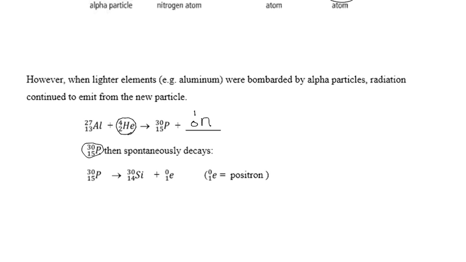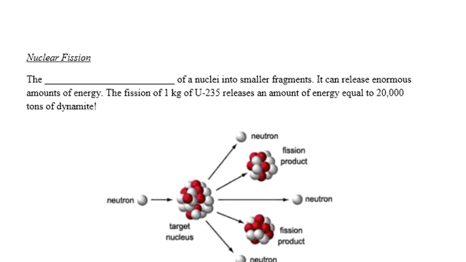This would be natural transmutation because the radioactive particle is to the right of the arrow. So now we have two types of reactions that we need to know: natural transmutation and artificial transmutation.